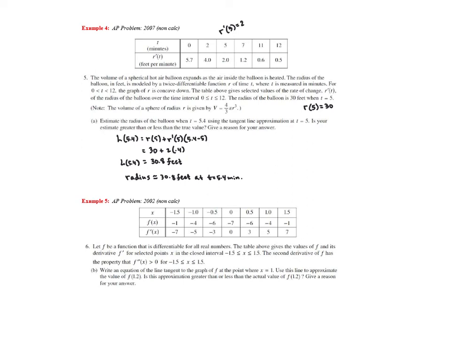Okay, now it asks, is your estimate greater than or less than the true value? Okay, so L of 5.4 will be, let's see here, we have concave down, so it would be greater than r of 5.4. Again, approximate, actual.